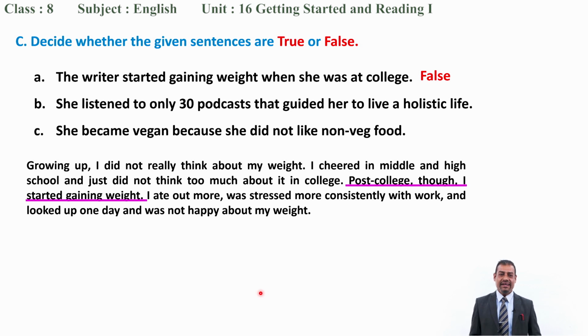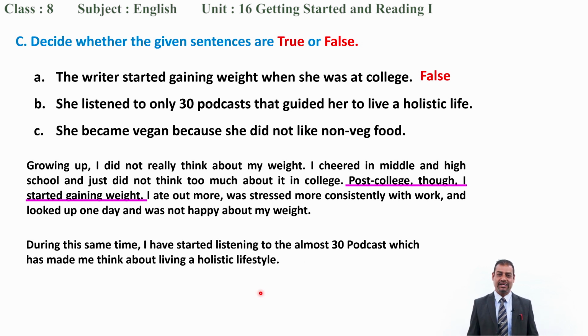Good. Now, she listened to only 30 podcasts. You can find here again, during the same time, I have started listening to almost 30 podcasts. You can see here only 30 podcasts, here almost 30 podcasts. What does it mean? Only means exactly 30, and almost means it can be 27, 28, 29, 30, near to.